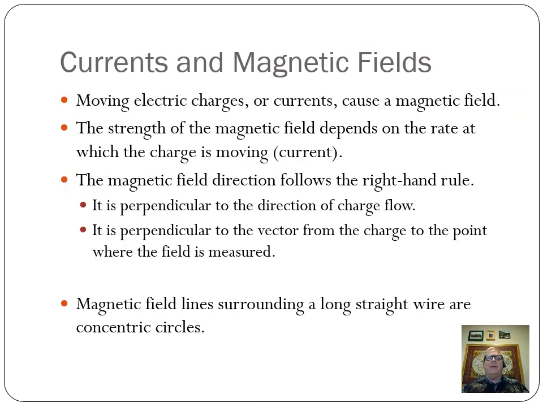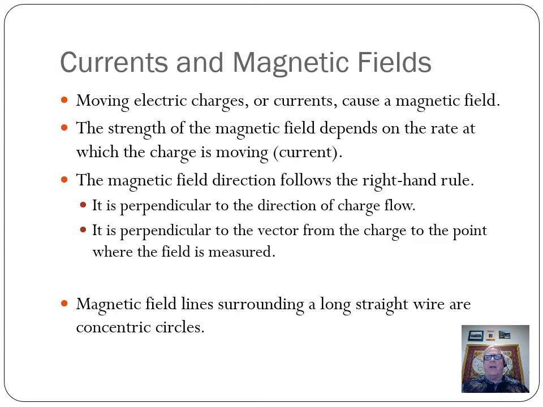So between the video and the demonstrations that we viewed and our little experiment here, we can arrive at some principles surrounding the sources of magnetic fields. Magnetic fields are caused by currents, or more generally, just moving electric charge.